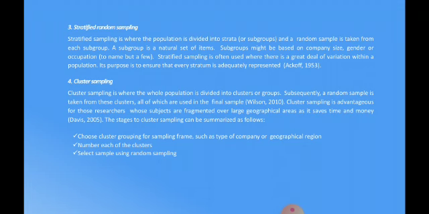Cluster sampling is advantageous for those researchers whose subjects are fragmented over large geographical areas, as it saves time and money. It includes choosing cluster grouping for the sampling frame, numbering each of the clusters, and next, selecting the sample using random sampling.